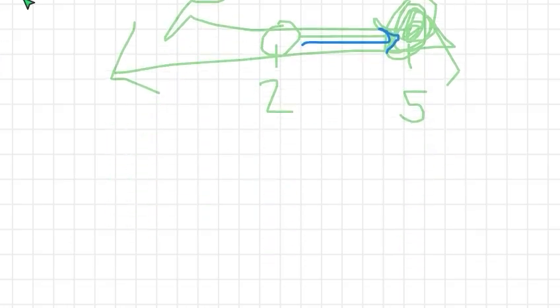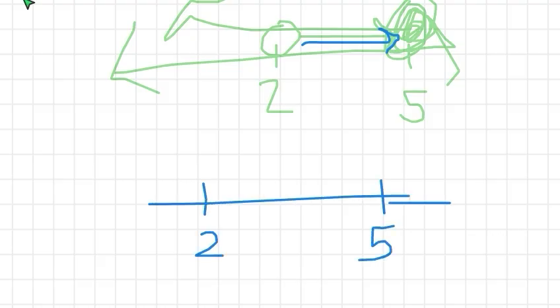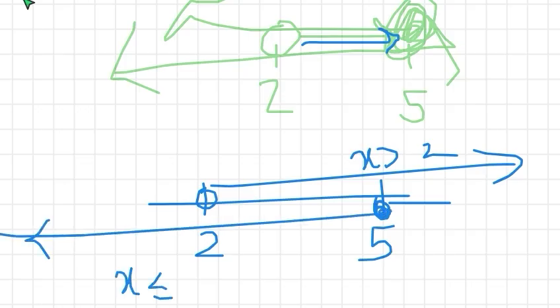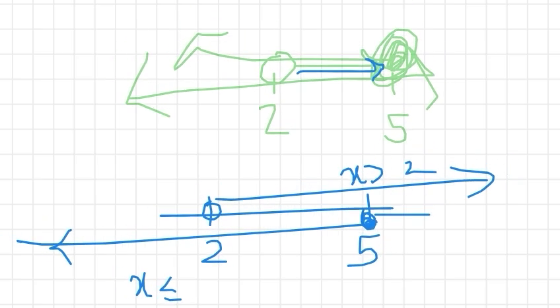One alternative way to look at it is, mark 2 and 5. This is what x greater than 2 means, and this is x less than or equal to 5.